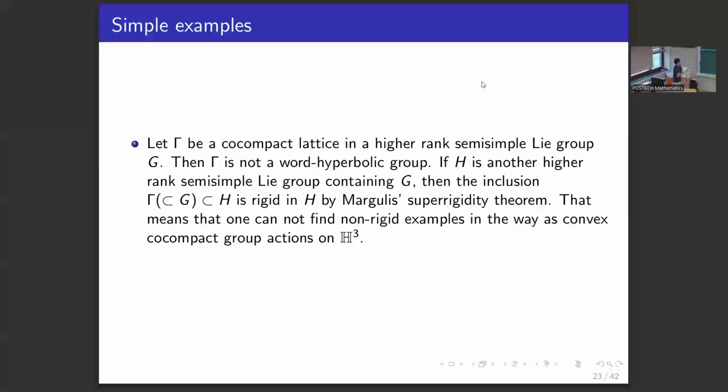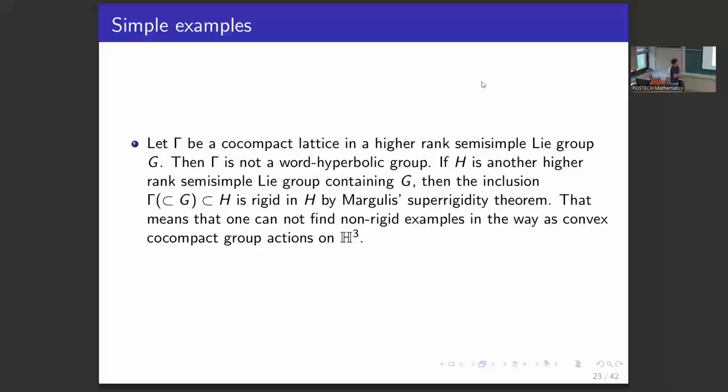Okay, so here is a simple example. Let gamma be a co-compact lattice in a higher rank semi-simple Lie group. Then gamma is not a word hyperbolic group, as you know, because gamma acts on a Cartan flat space actually. Then if you think of H as another higher rank semi-simple Lie group containing G, then the inclusion is rigid in H, by Margulis superrigidity.